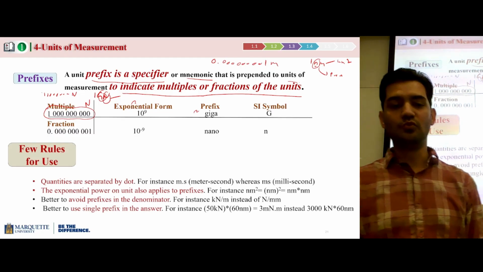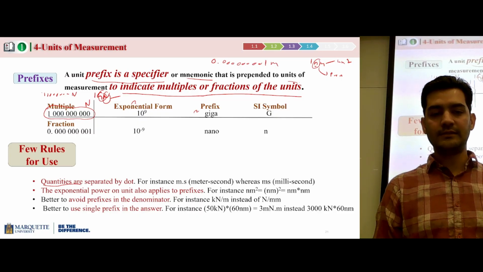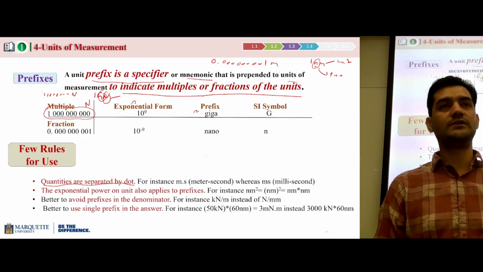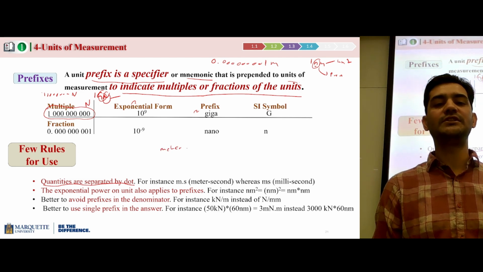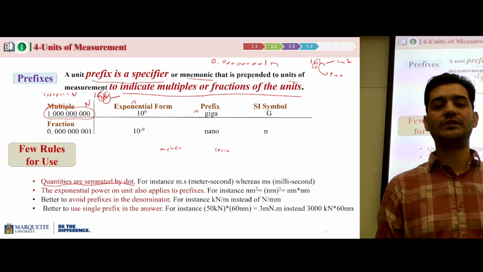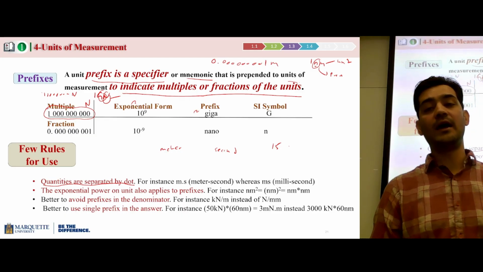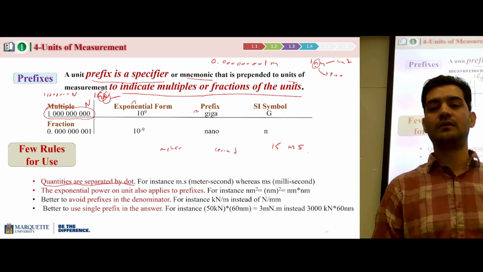There are some rules to this, but I think that's the most important one. The quantities are separated by a dot. For example, you have two quantities: meter, which is length, and second, which is time. So you have some value defined in terms of meter and in terms of second.